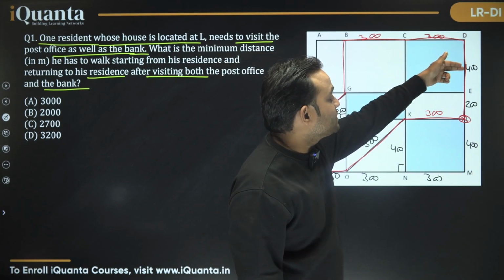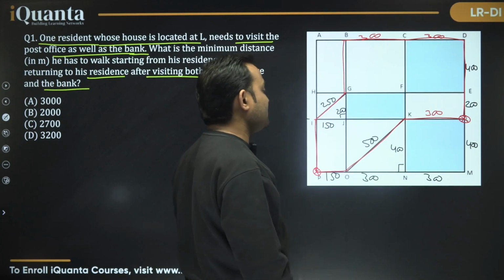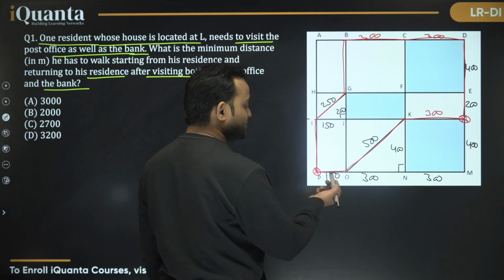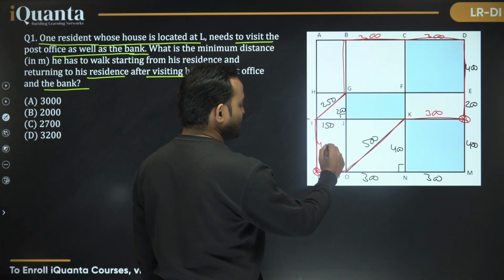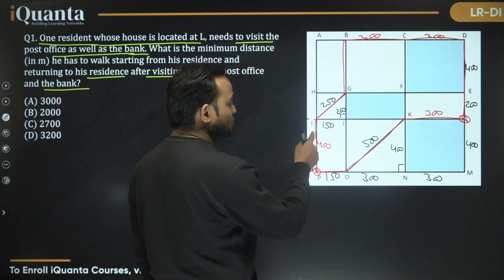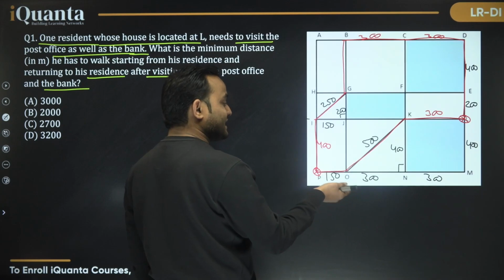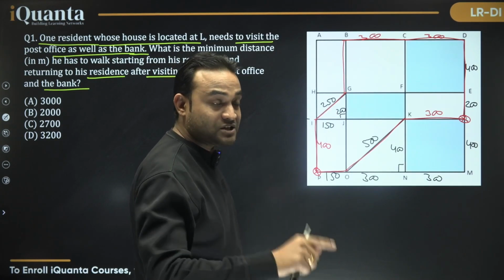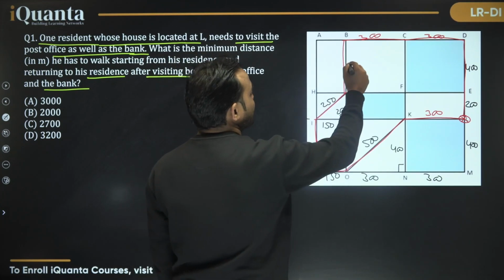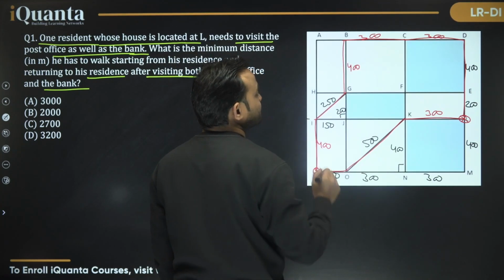400, 1000, 1200, 1500 plus 500, 2000 plus 150, 2150, and this is also 400. So 2550. 150 is not taken because we will need to take 250. So 2550 plus 250, 2800 plus this 400.